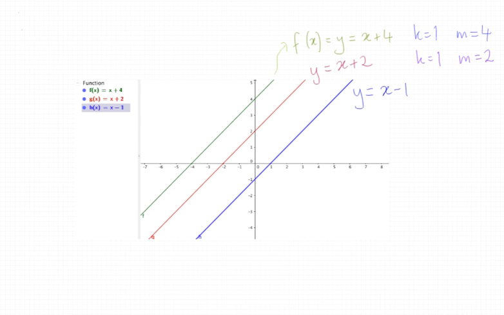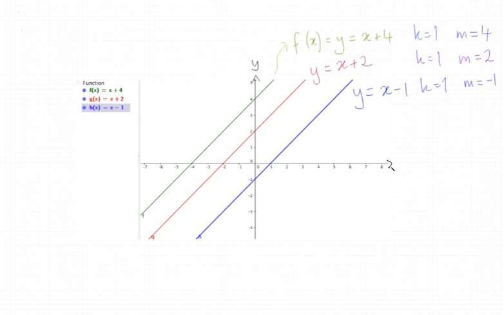So the equation of the straight line here has gradient 1, but m value minus 1. Well, they all have the same gradient, so they all have the same slope going upwards like this. But what's the effect of the m value on the graph? Well, they all intersect the y-axis at different values.